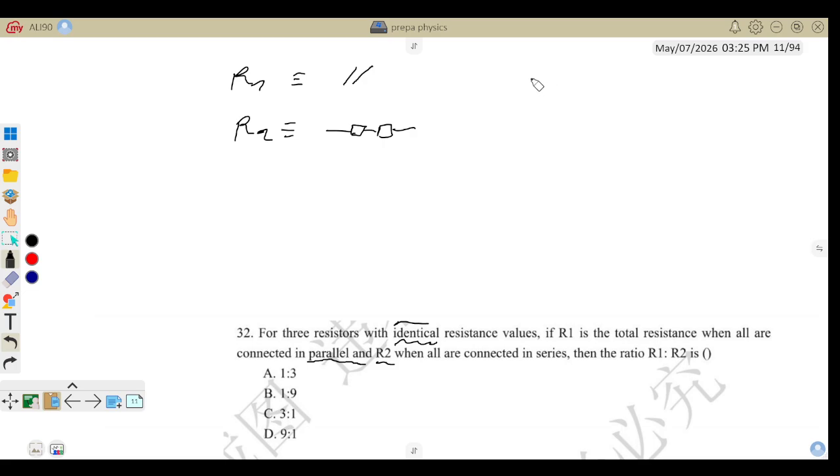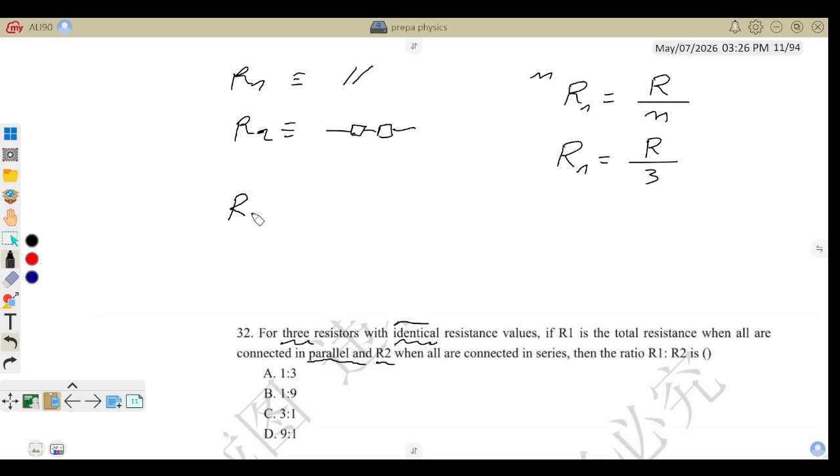If we have a certain number of resistors that are identical, the equivalent resistance in parallel, R1, would be equal to the value of one of them divided by the number of resistors, which means for our case here R1 would be R divided by 3, because we have 3 resistors. This is the value of R1.